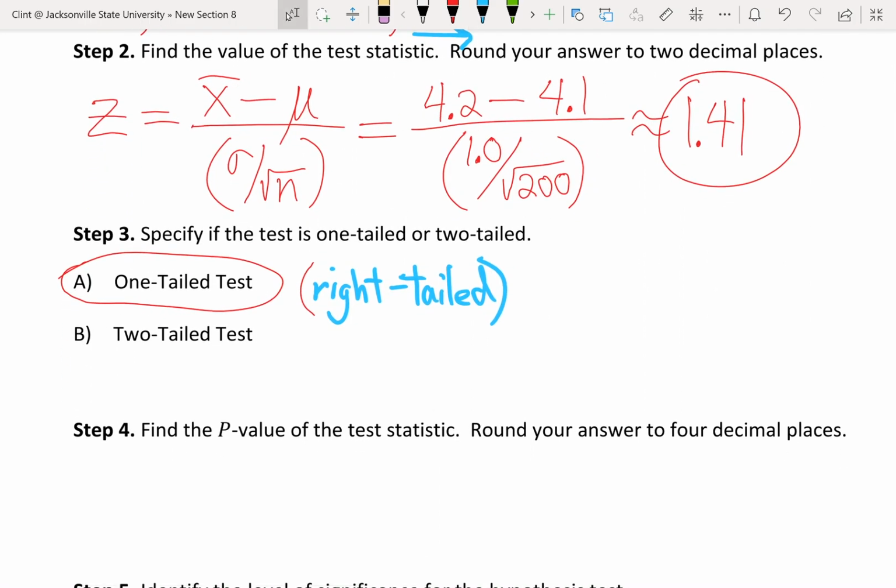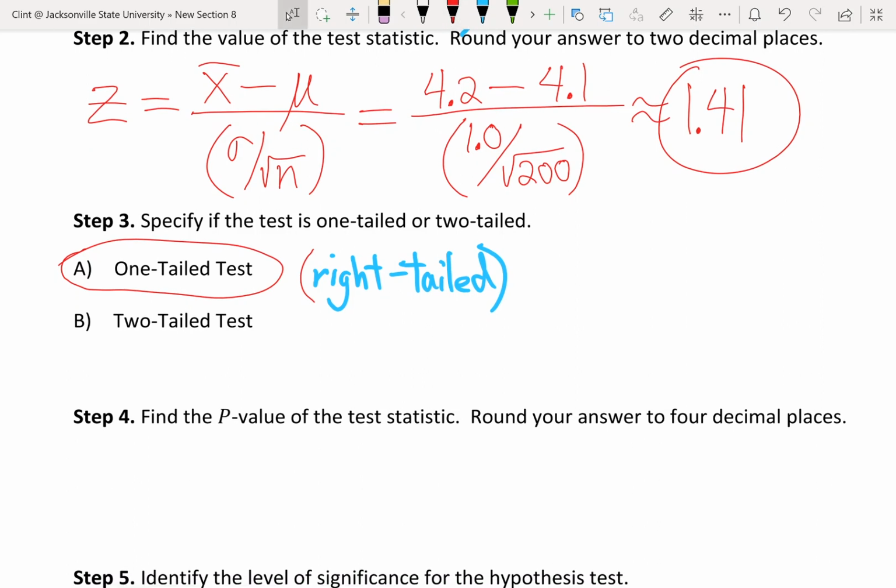Step number 4, let's find the p-value. So we're using our previous 2 answers. We know our test statistic is 1.41. We said it's right-tailed. So for our p-value, we want the area to the right of our test statistic, which was 1.41.